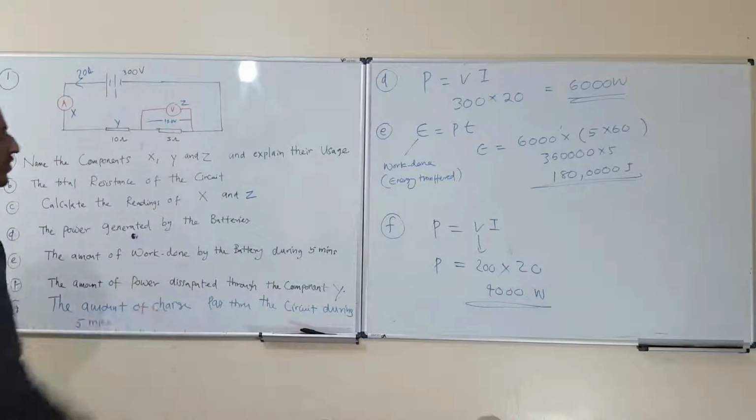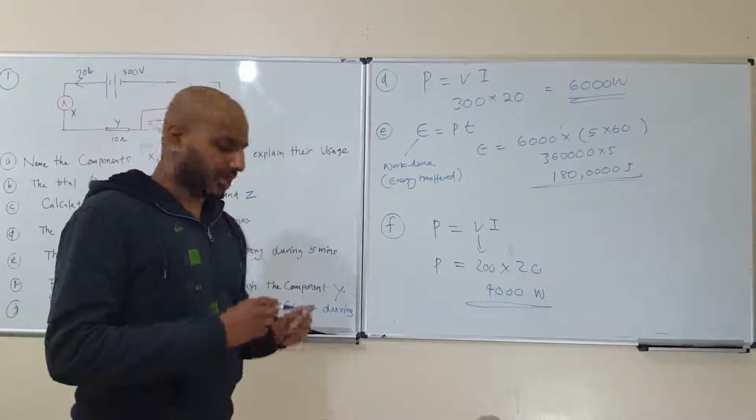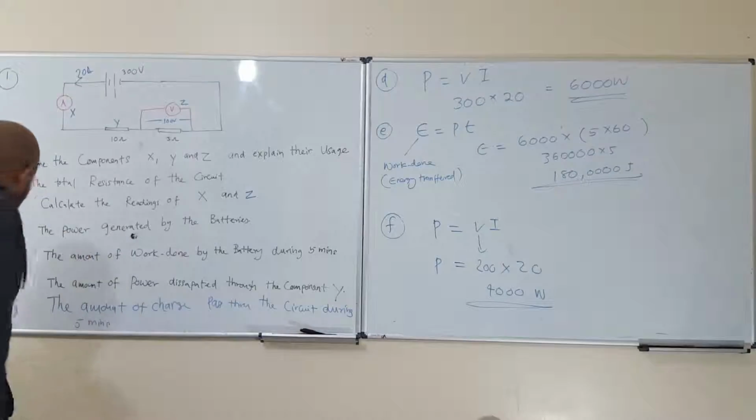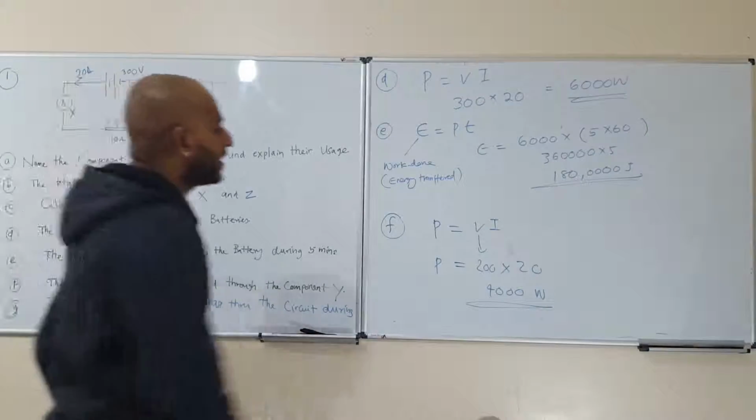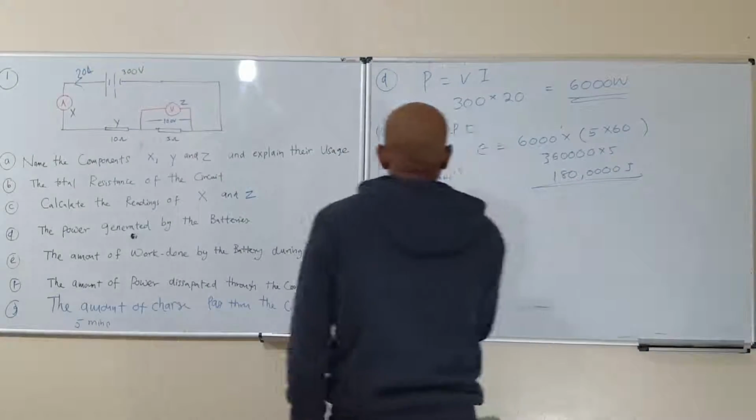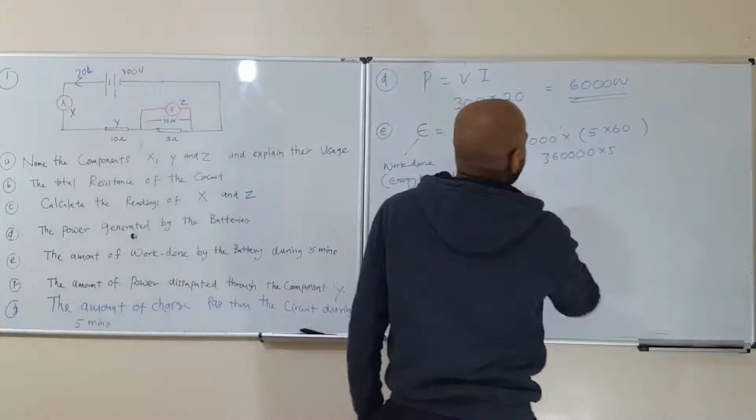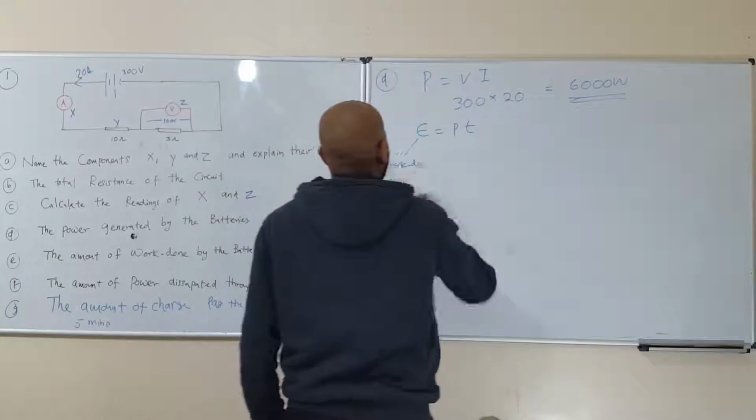It doesn't matter where, just the same amount of charge passed through the circuit during 5 minutes. So how do you do that? They're asking the amount of charge passed through the circuit during 5 minutes.